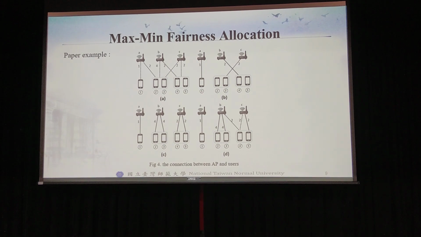And AP B is connected to users 2 and 3 with a connection rate of 4 each, and at the same time to user 4 for 1/2 of the time, with connection rate of 2. And AP C is connected to user 5 with the connection rate of 2, and at the same time to user 4 for 1/2 of the time, with connection rate of 2.